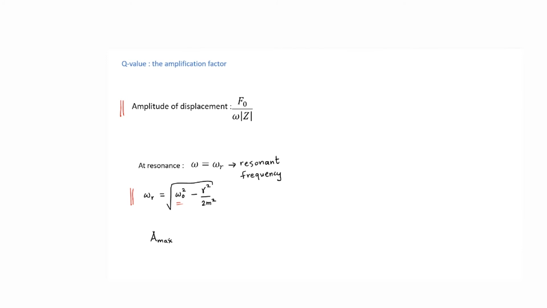Now the maximum amplitude, let me call that quantity A max, that you can ever get would be f 0 divided by, you replace omega by omega r, times mod z. This is the maximum amplitude you could ever get for the set of parameters that you have chosen for your oscillator. Now, let us also define another reference quantity.